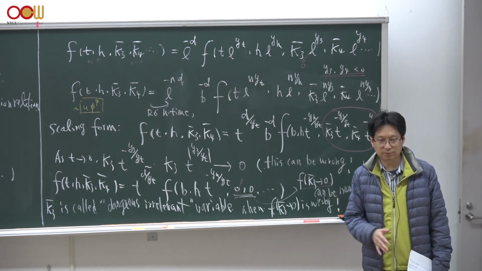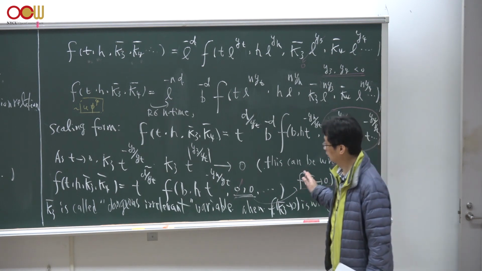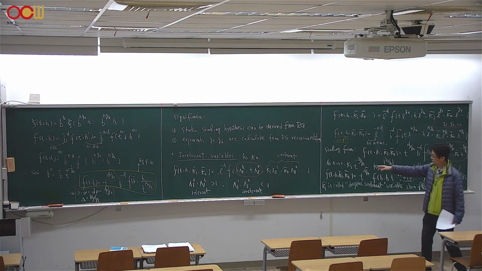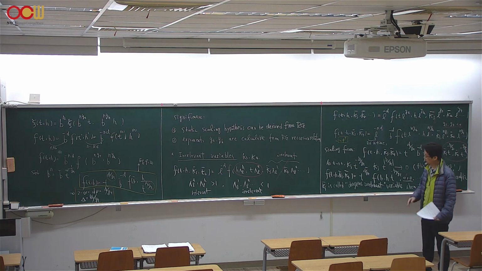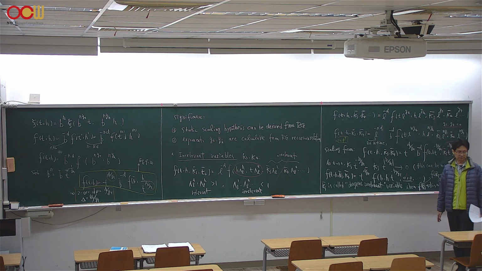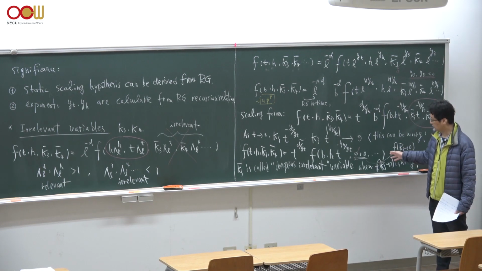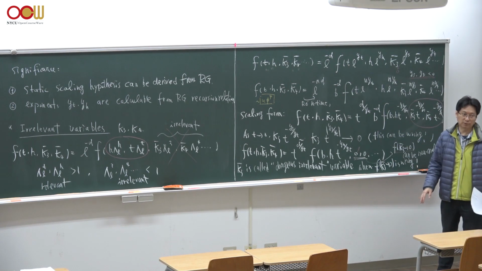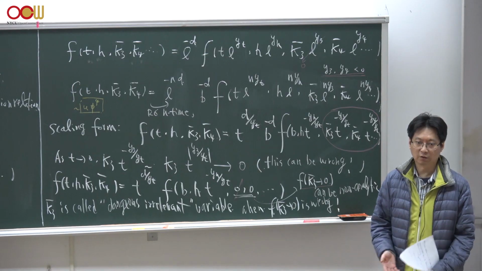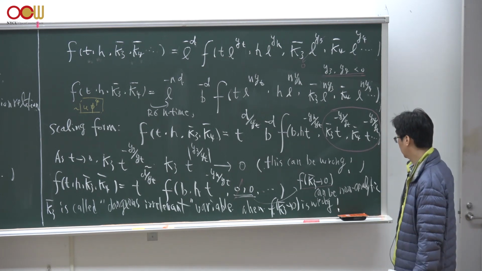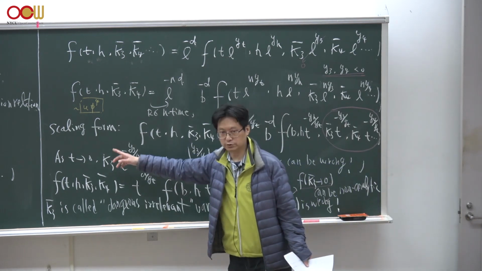So we cannot simply disregard all irrelevant terms, even though it seems that we are okay to do so, but we need to check whether the free energy density as a function of the irrelevant variables shows regular or singular behavior as little t approaches 0.